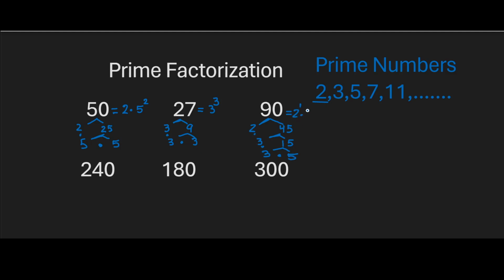That will be times 3 to the second power. You have 2 factors, right? And then it's going to be times 5 to the first power. You only have one number 5. We don't really write the exponent when the exponent is 1. So that would be the answer.